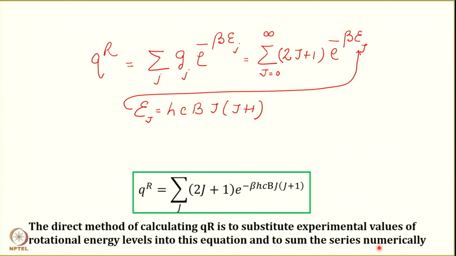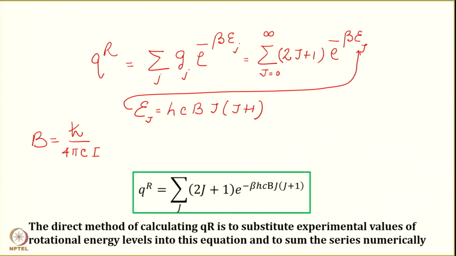Experimental information, when you say experimental values of rotational energy levels, that means we are talking about B, which is equal to h cross over 4 pi cI.